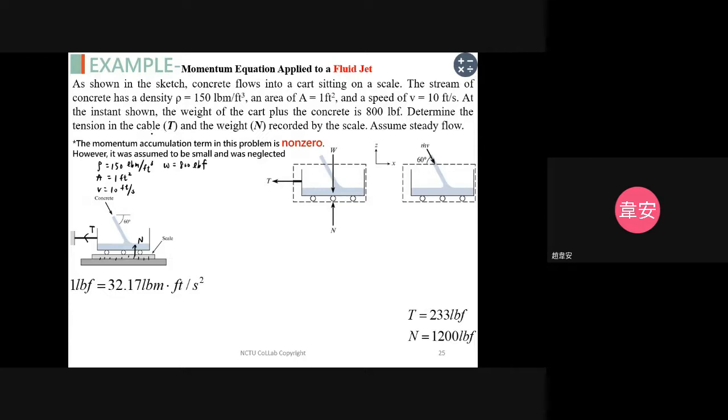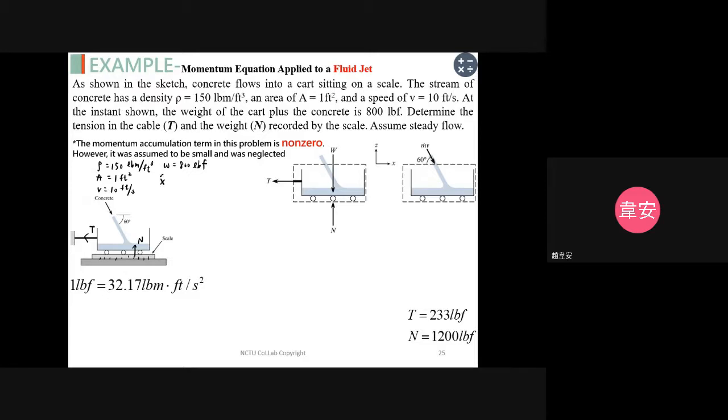The momentum accumulation term in this problem is non-zero because the concrete always flows into the car. However, at the instantaneous time stage, the momentum change in the control volume is quite small, so we ignore the momentum accumulation. The external force is directly equal to the net momentum flow.